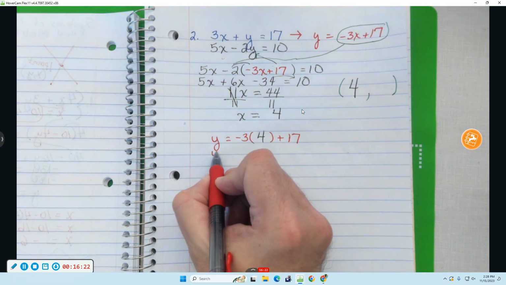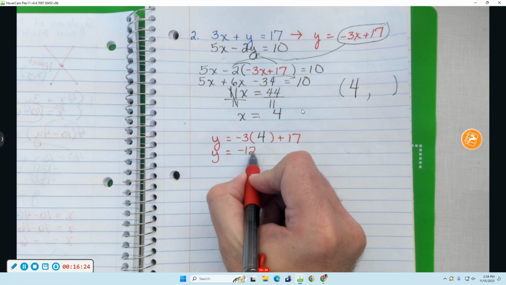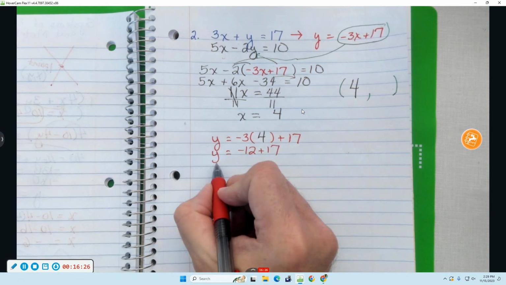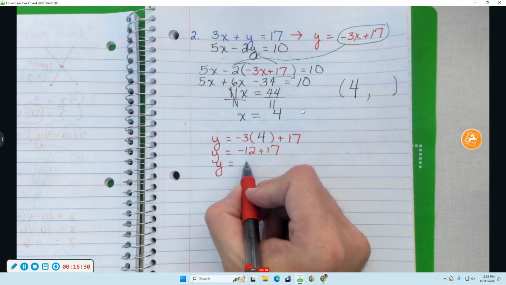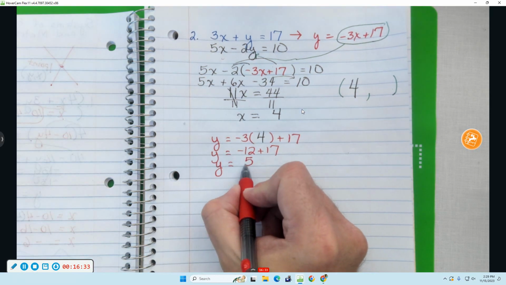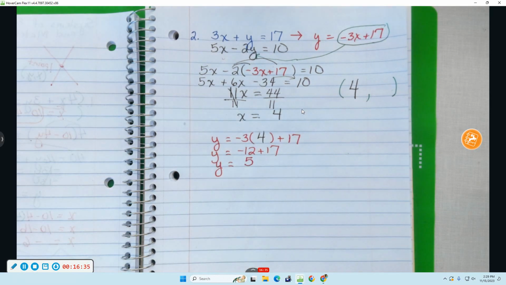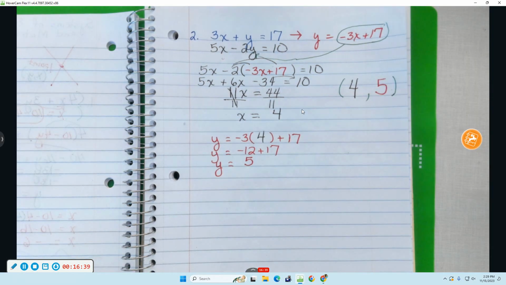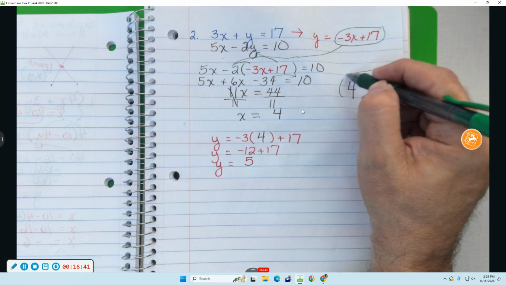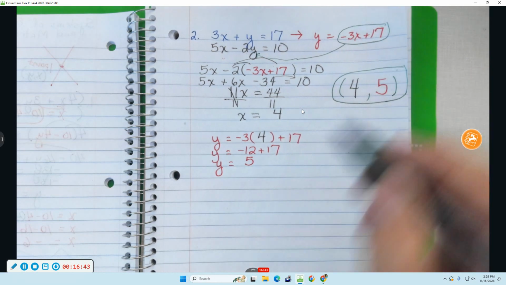So what do we have, a negative 12 plus 17? What are we getting for y? Y equals, is it 5? So follow what we did there.